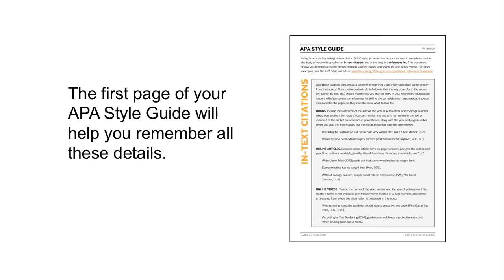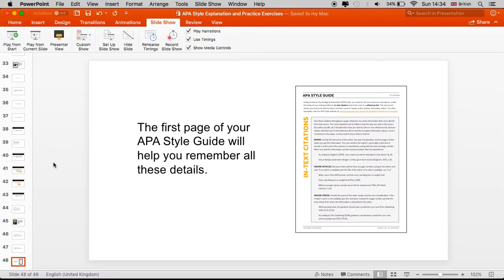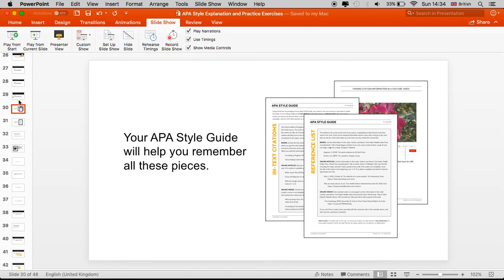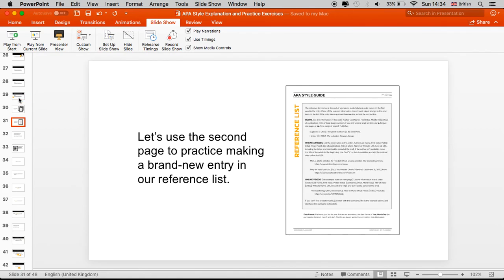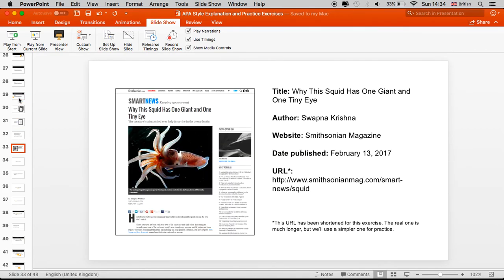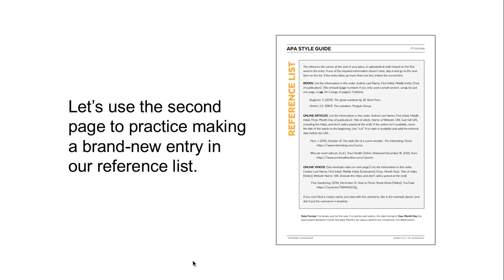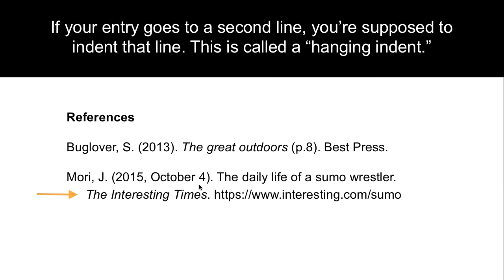All right? So again, what are you meant to work on? The first is here, okay? You're going to create a reference item for this article that will go in a reference list, okay?